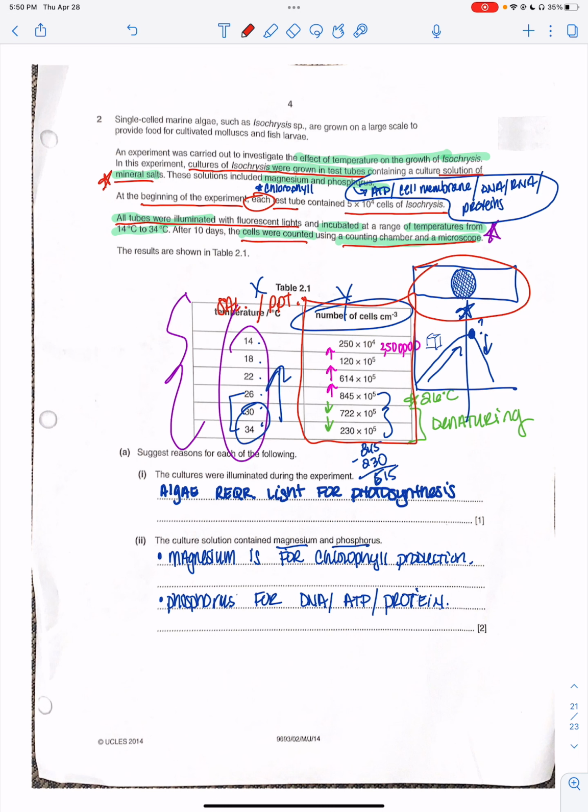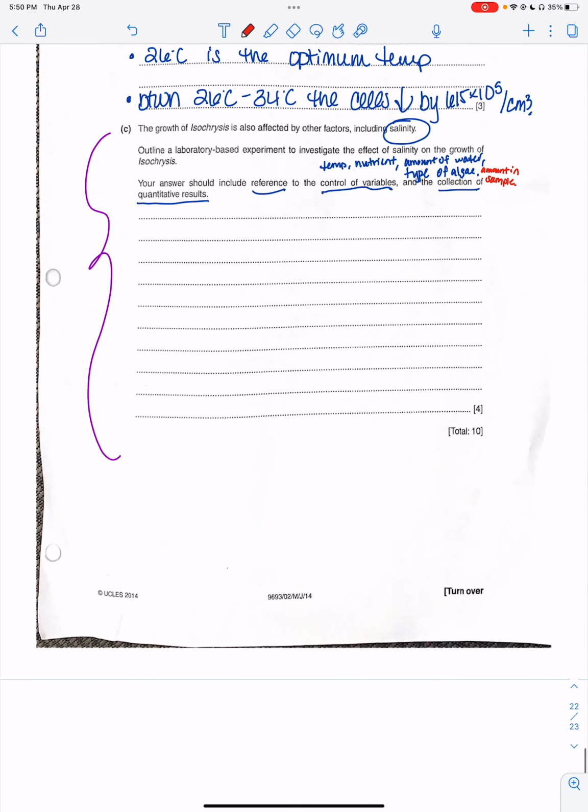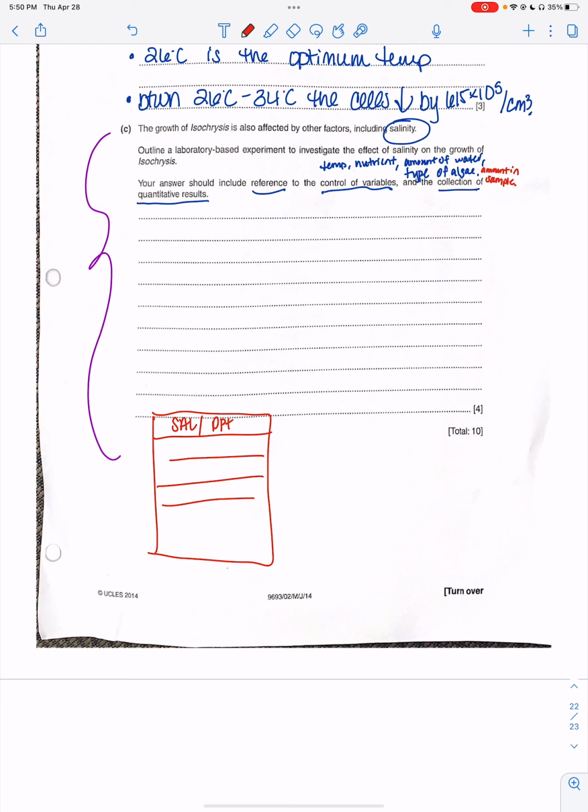So if you're looking at, like we know average salinity, 35, then maybe this one's 37. Here we'll go 39, 33, 31.